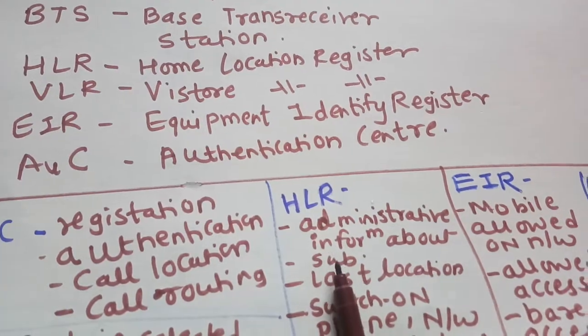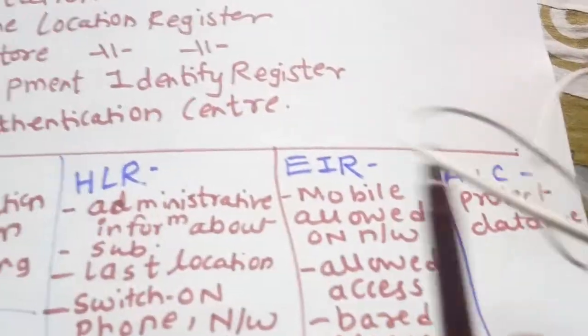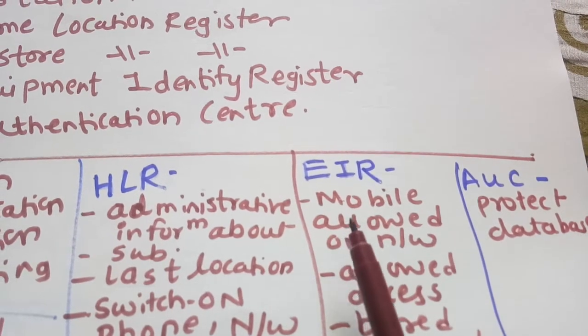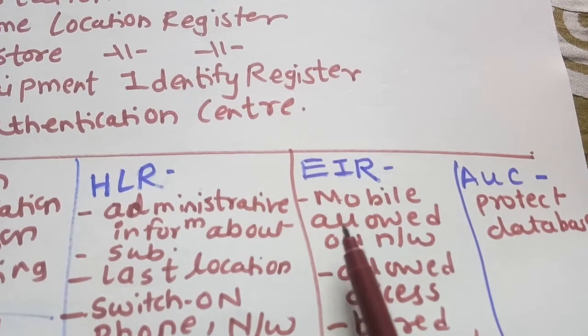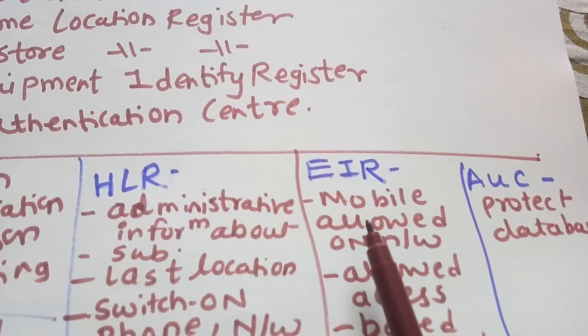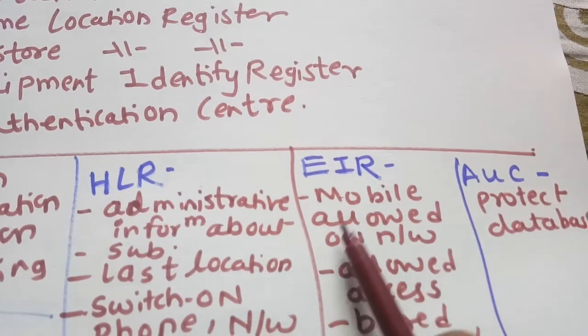The next register is the EIR. The EIR contains information about whether the mobile is allowed on the network: you have paid all the charges and you have access control, so the mobile is allowed.